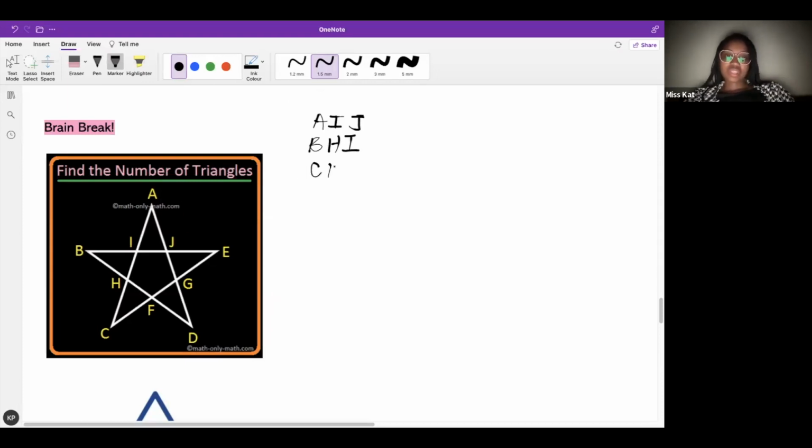Then we have CHF. Then we have FGD. That's an F. It looks terrible. Then we have GEJ. That's a G. Those are the ones on the sides. 1, 2, 3, 4, 5 so far.